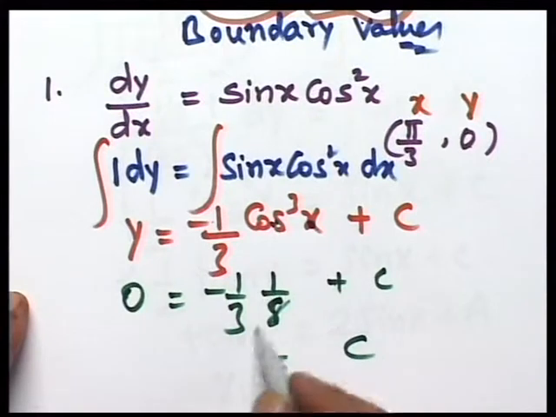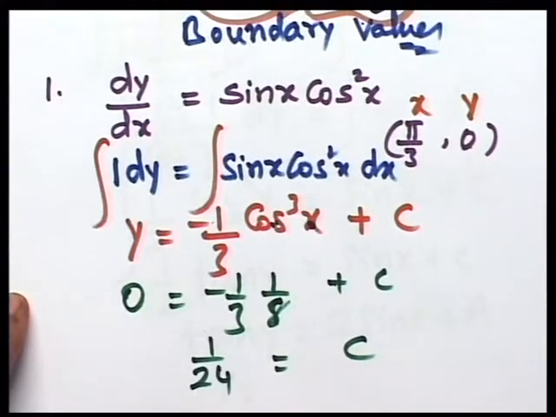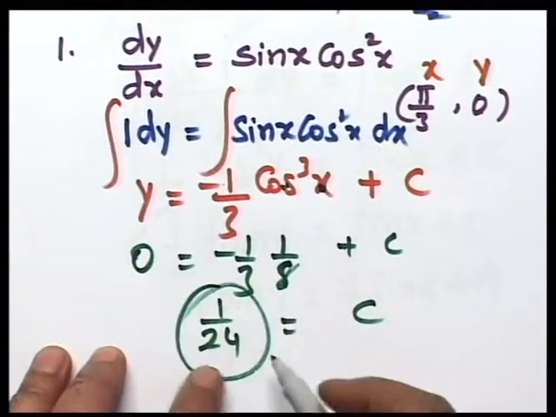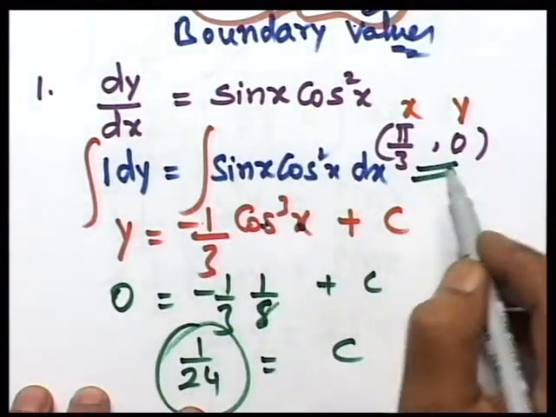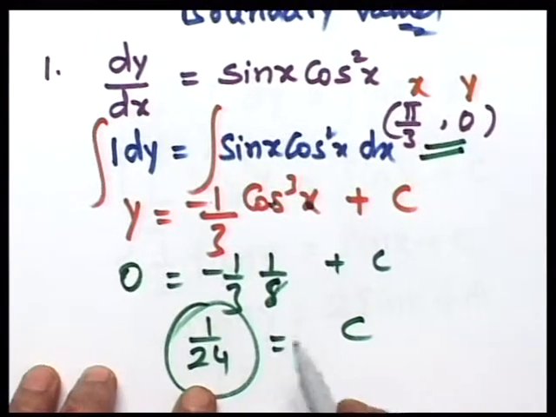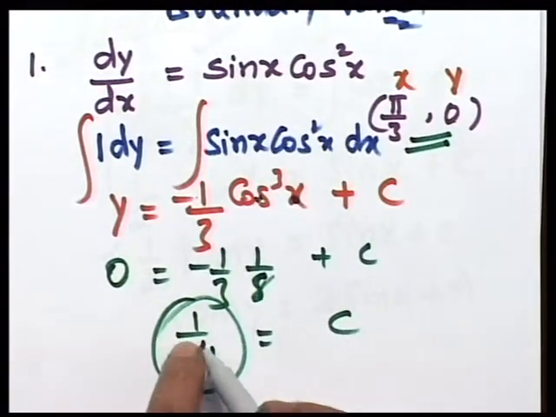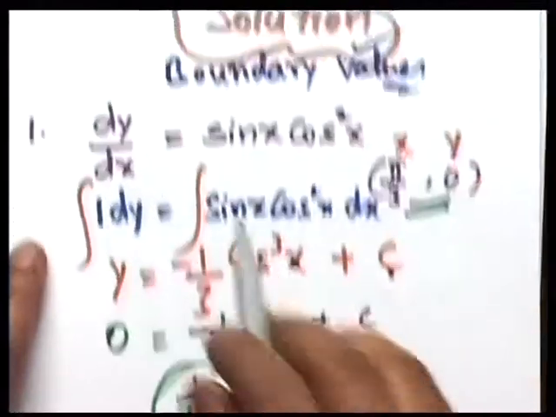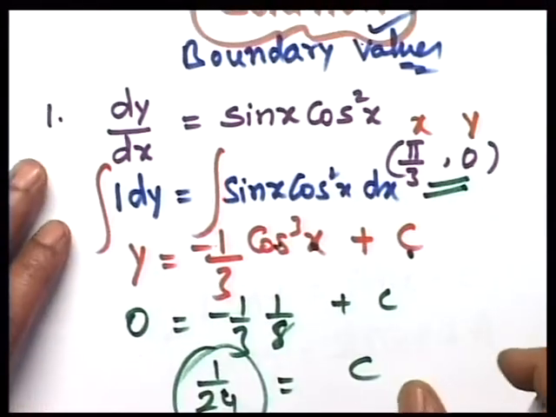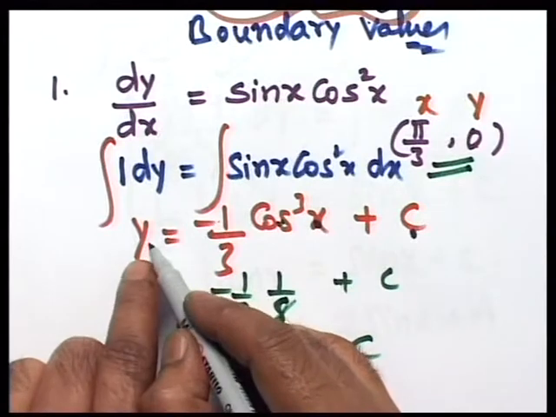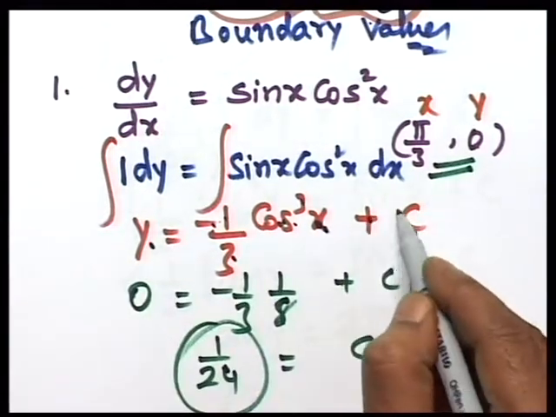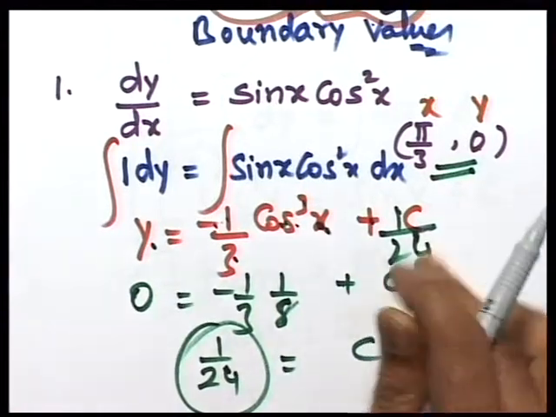So the value of c is actually 1 over 24, that comes to the right hand side. Okay, we found the value of c by using the initial condition. Now our aim is to substitute this back in there so we have the particular solution, right? So the answer should be y equals minus 1/3 cos cube x plus 1 over 24. So we can leave it like that.